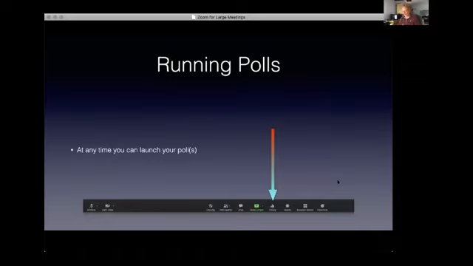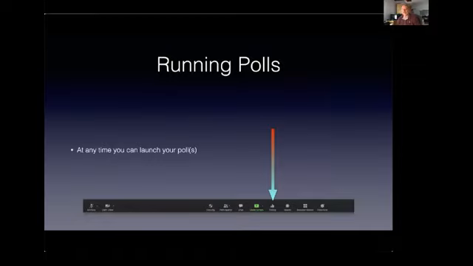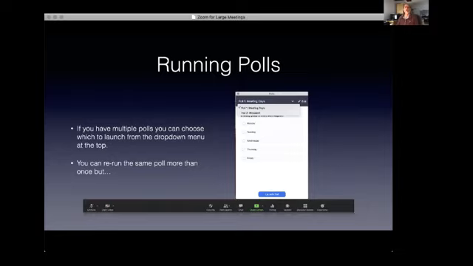Polls. So Maggie, you have to set up polls in advance. You have to do that through the website as well. So once you've scheduled your meeting, you go to your meetings on the website, and if you scroll right down to the bottom of the list, you find there the option to add polls. You can have as many polls as you would like set up.